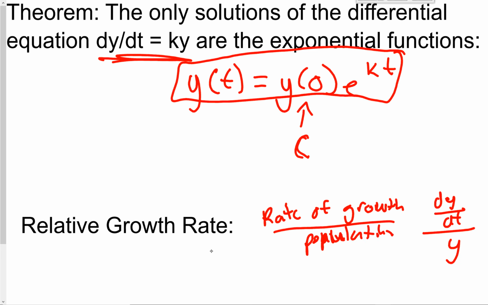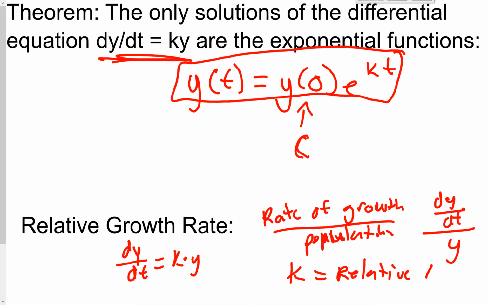Well, that's just equaling k, right? That's just dy over dt equals k times y, divided by y. That's our k. So k is our relative growth rate. It's the rate of our growth over our population. So let's go ahead and look at a problem that asks us to find our relative growth rate.